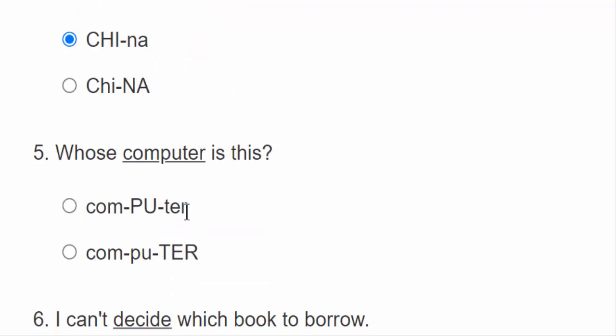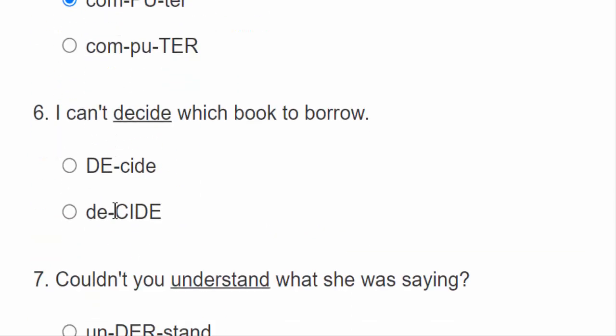Whose computer is this? Computer. It's not ta because this is a schwa sound. Compu. I can't decide which book to borrow. Decide.